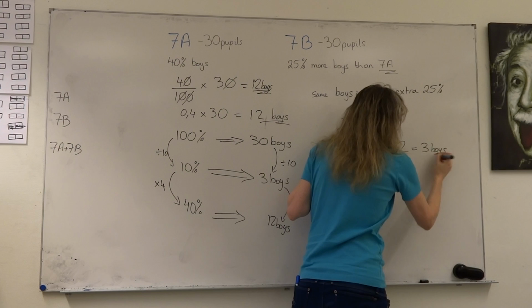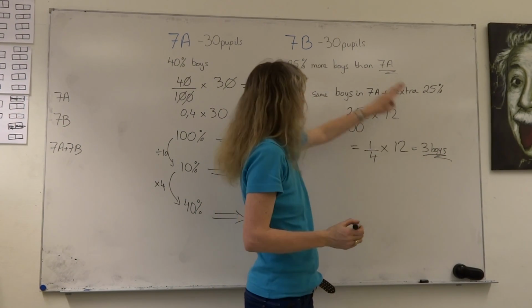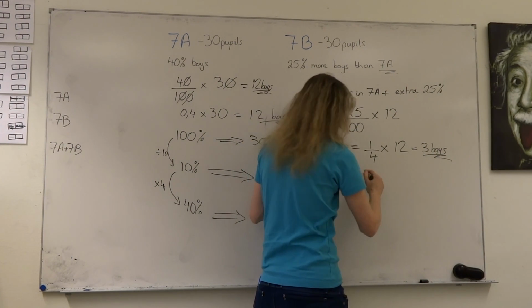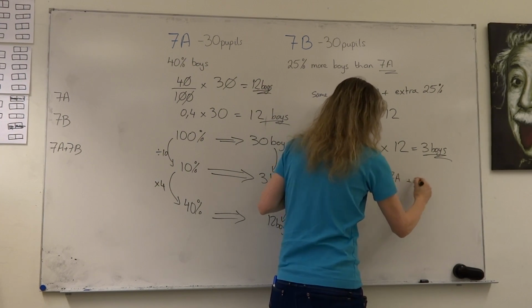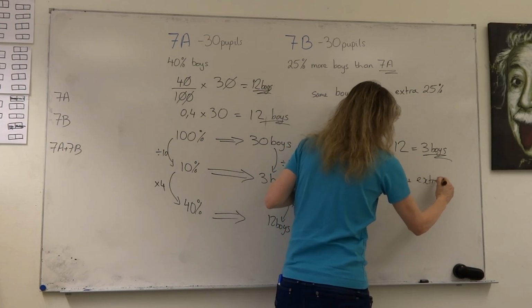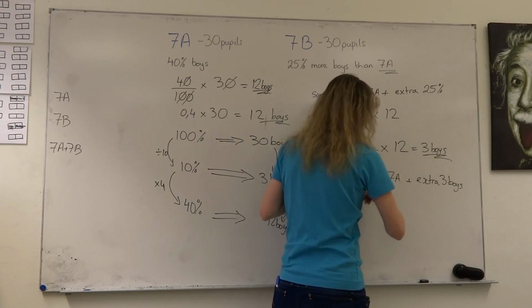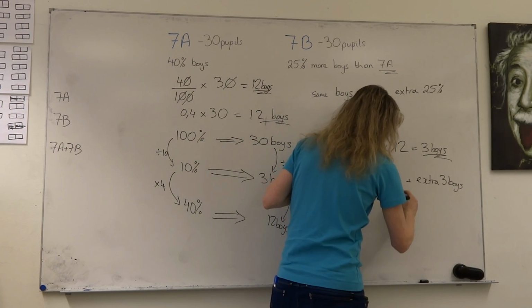So we know that this extra 25% is 3 boys. So in 7A we must have the 12, in 7B we must have the 12 boys of 7A plus an extra 3. So the number of boys in 7B is 12 boys plus the 3 boys, so we get 15 boys.